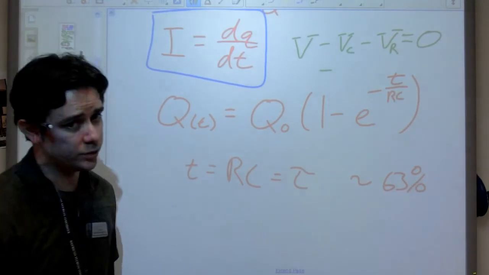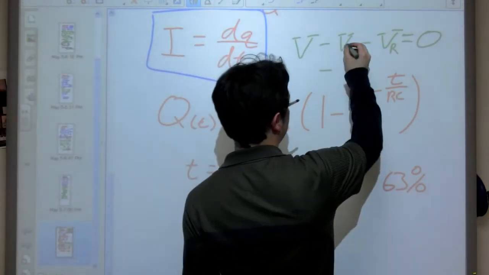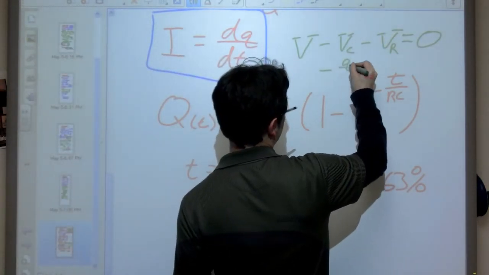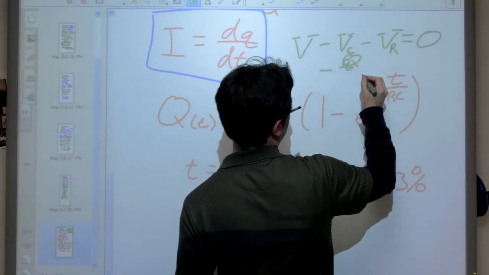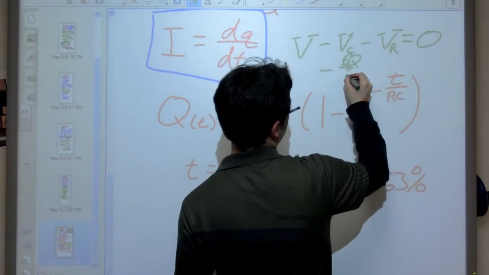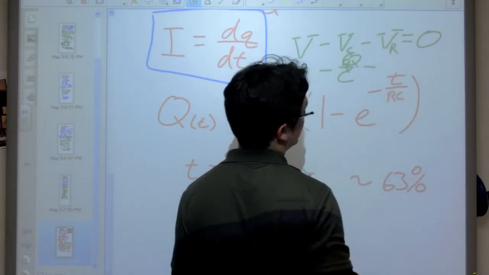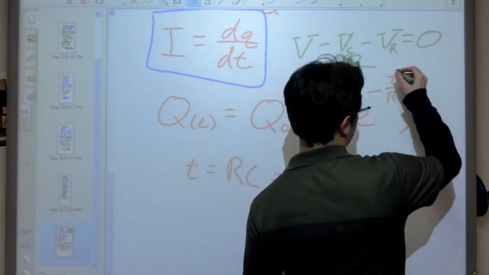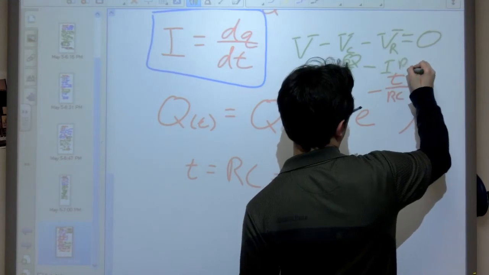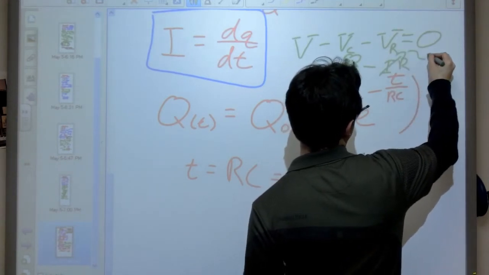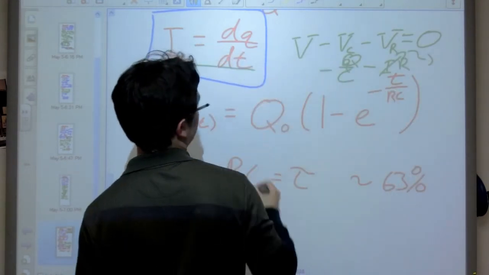From Q equals C Vc, we know that our voltage is actually going to be equal to Q, let me do capital Q actually, divided by our capacitance C, minus the voltage across the resistor, which is IR, but I is equal to dq dt.